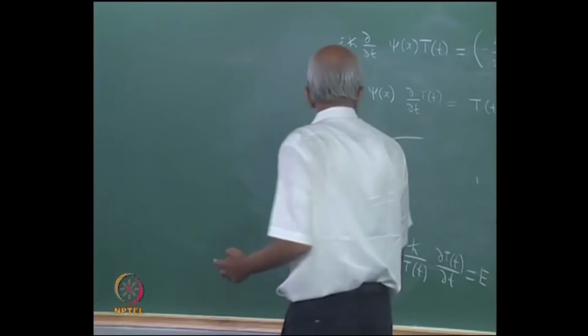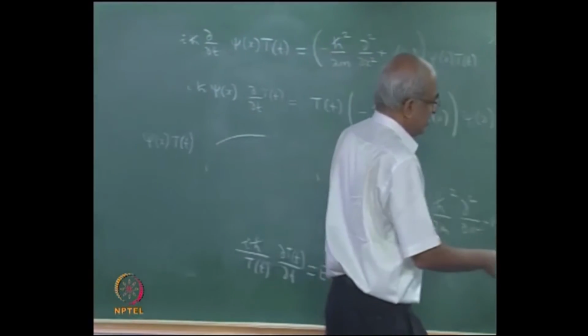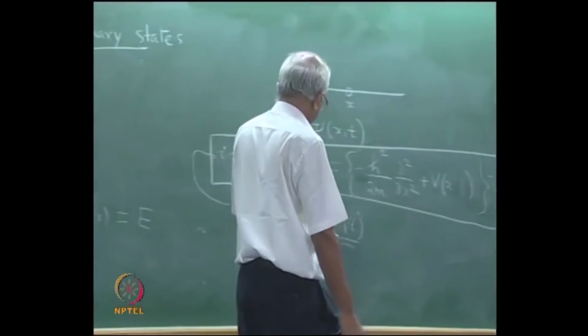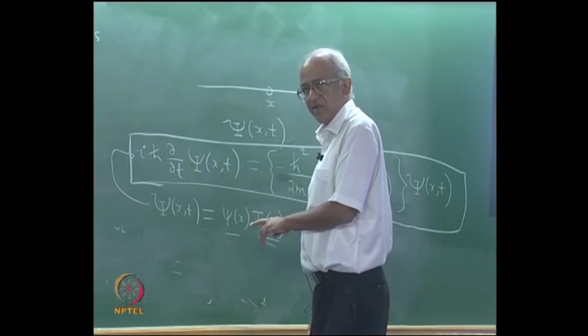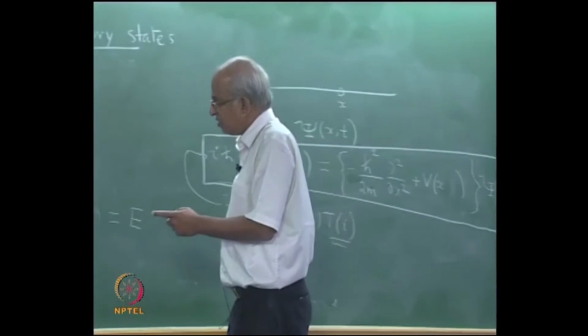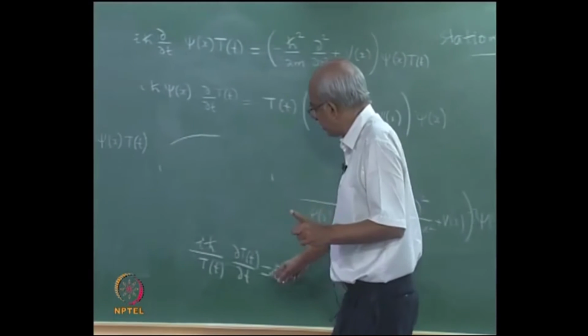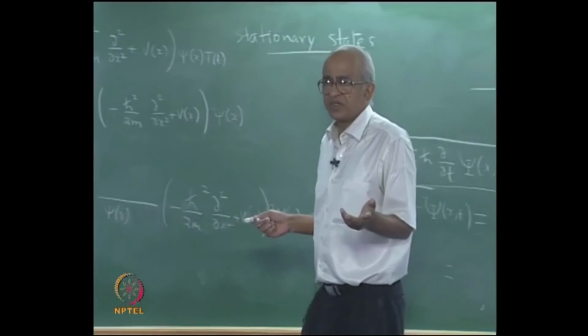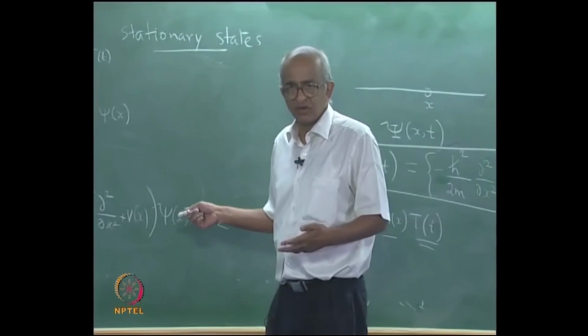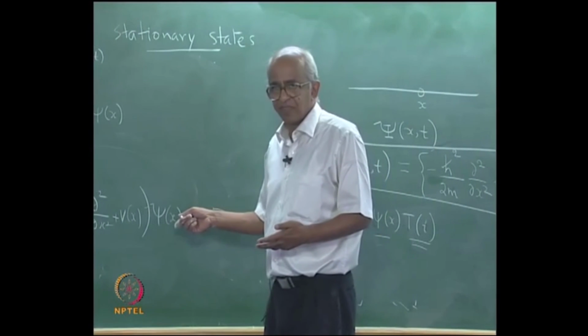But what we have done is we have divided the function into two parts, psi of x and capital T of t, and separated out two ordinary differential equations. One is this and the other is that, and ordinary differential equations obviously are easier to solve than partial differential equations.